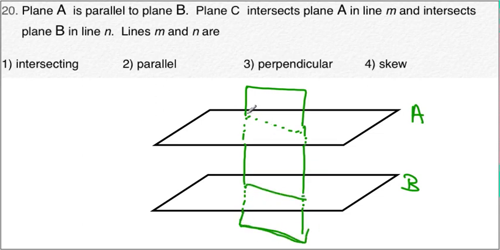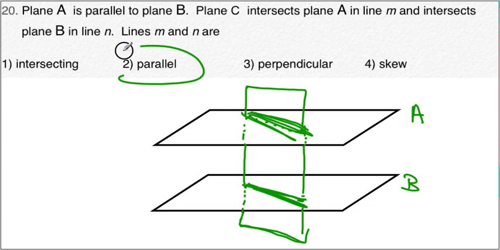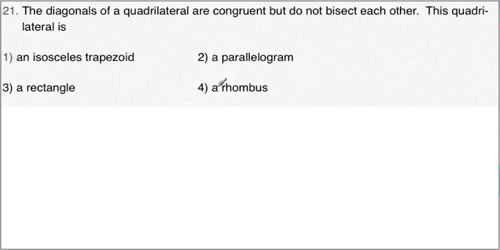So you will realize that these are 2 points where plane C will intersect plane A and then plane B. Then what do you realize about those 2 lines? You can see that this line and this line must be parallel to each other. So therefore choice 2 will be our answer.